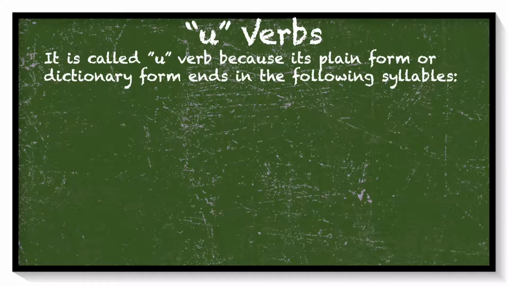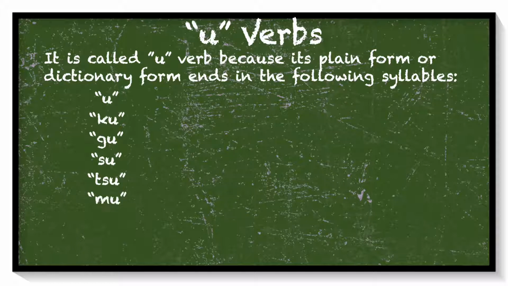Next is the u verbs. U verbs are action words, in which its plain form, or dictionary form, ends in the following syllables: く、ぐ、す、つ、む、ぬ、ぶ、 and sometimes ru.